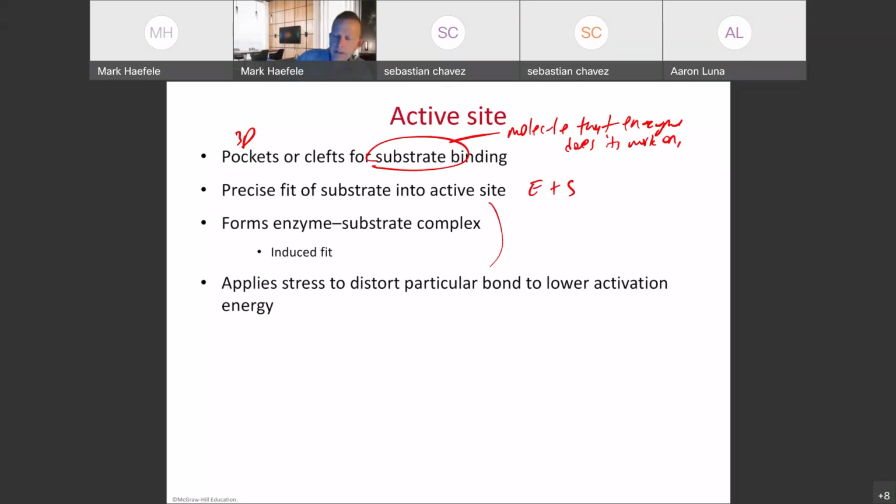Then the two meet each other, and the substrate finds its active site on the enzyme, and it forms what's called the ES complex, right? This enzyme substrate complex. And then to a certain degree, you release the enzyme and you get your product, right? So that's kind of what happens. And these are all reversible, typically.